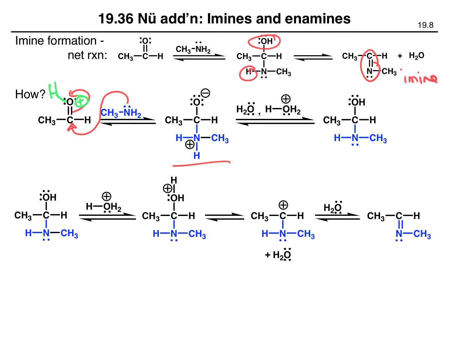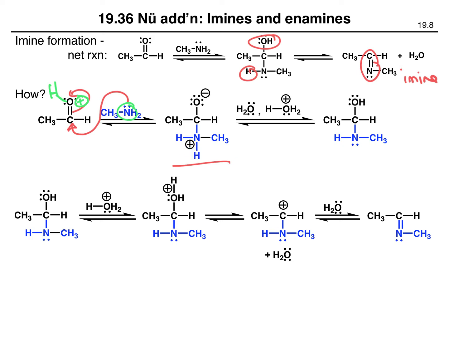But if it's too acidic, then this nitrogen is going to get protonated, and then it can no longer act as a nucleophile. So whether you think about proton transfer before nucleophilic addition or nucleophilic addition followed by a couple of proton transfers, it looks something like this.